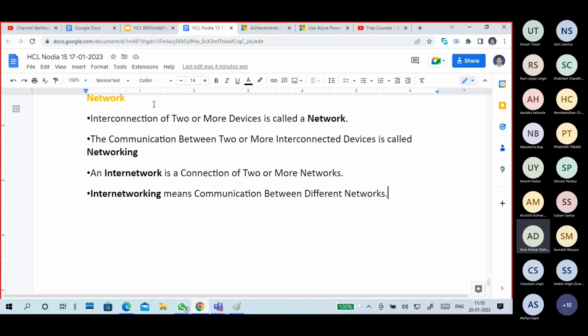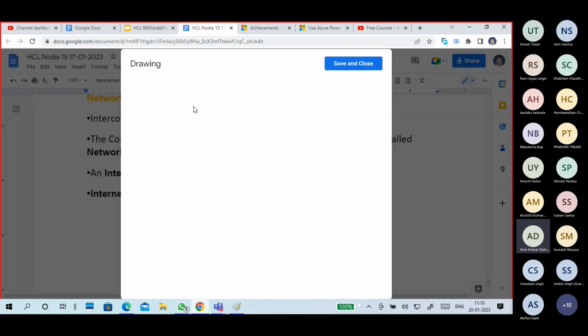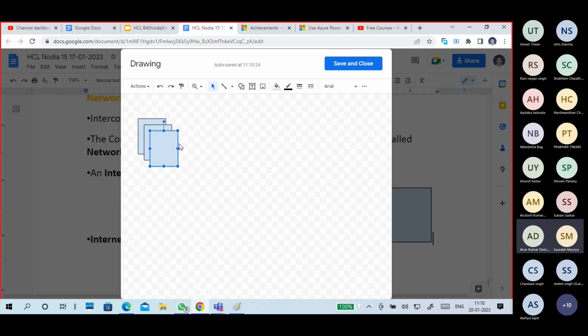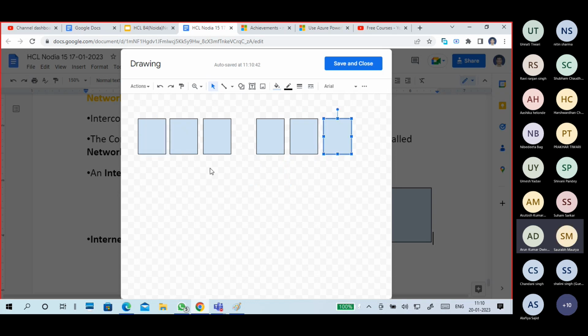I just want to try a small picture, guys. So one by one, we'll see. It is not a small picture, it is a big picture only. First of all, I will create a network, just for a general idea. This is the device I am connecting like this.